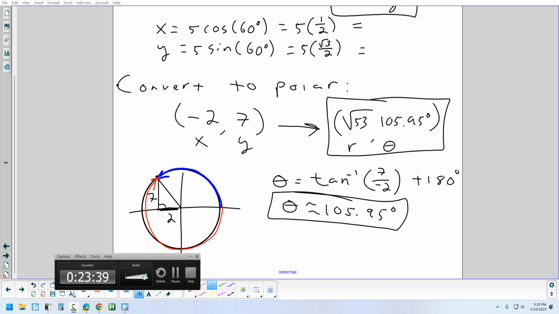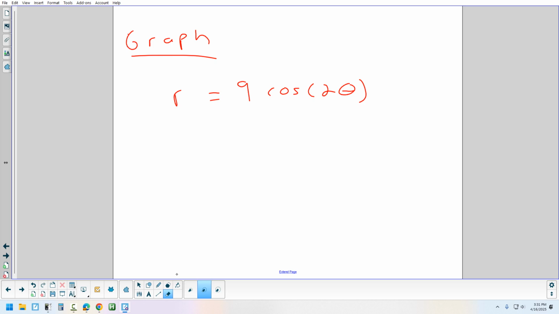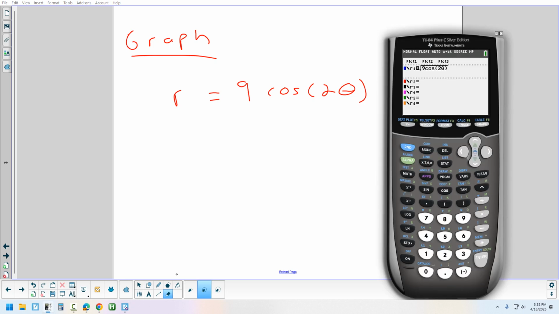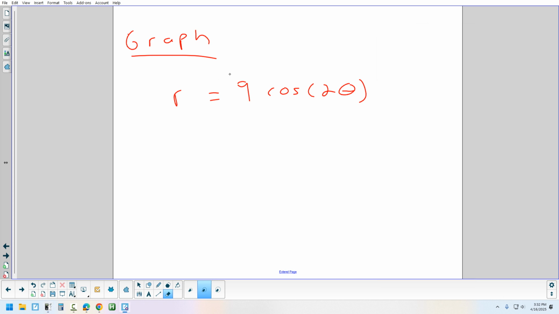Good. Okay, so for our last question, we're going to take a look at drawing something in polar. This particular curve is called a lemniscate, not one that we looked at in class, but I think once we draw it, you will recognize the special symbol that it is. To put that in on the calculator, we have to type it in.